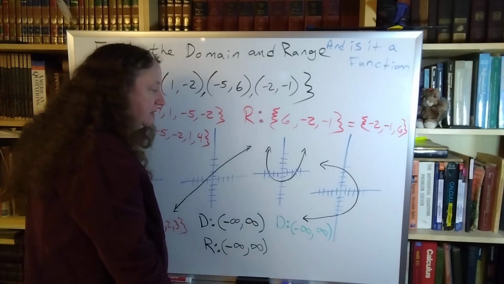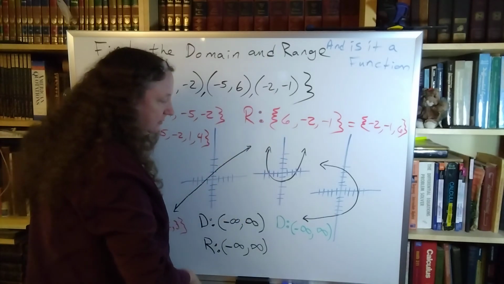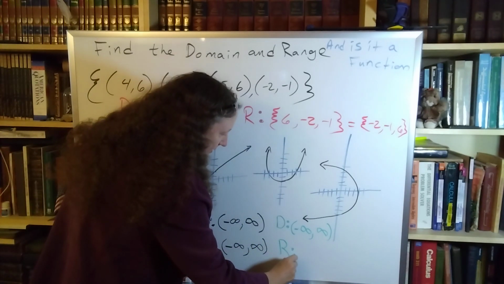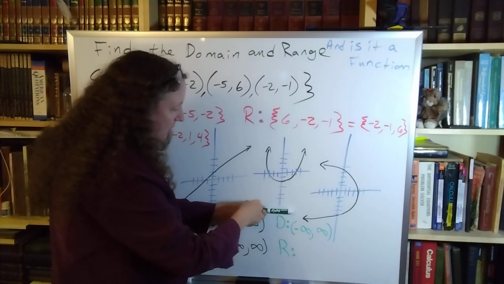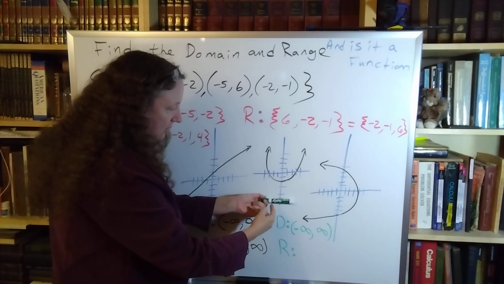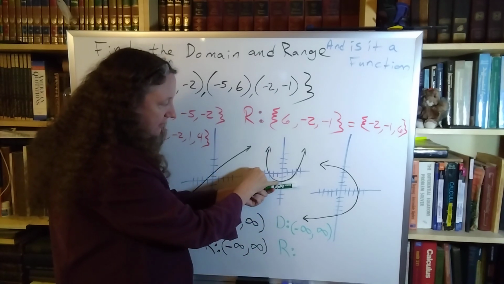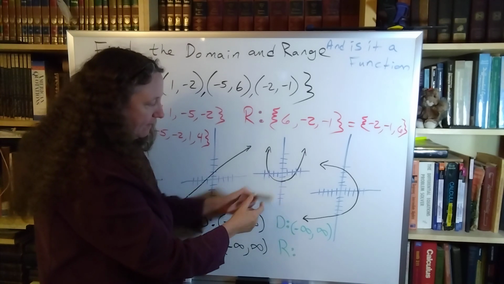Now we go to range. Range is my y value, so I go from the bottom to the top. So as I go from the bottom, I don't see my line at all anywhere. I go up to here, and that's the first spot where I see my line. And that is at y equals -2.